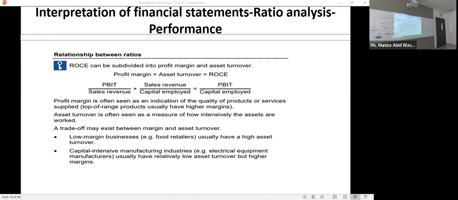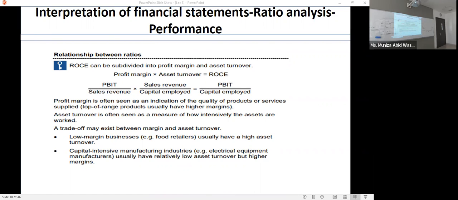Usually on electrical equipment we use the reducing balance method of depreciation, according to the pattern of their usage. The older the assets are, the higher the depreciation charged on them. So those with higher capital and higher margin will have lesser net asset turnover.